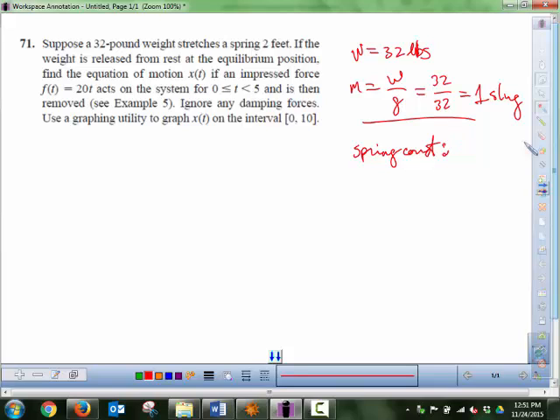So Hooke's law says 2K... what's Hooke's law again? Negative kx.